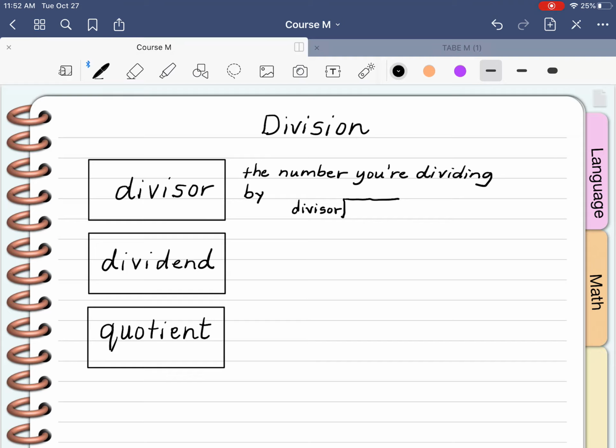The dividend is the number you're dividing into. Division is a form of breaking down. So it is the total that is to be broken down. That's called the dividend. And the dividend is the number in the house.